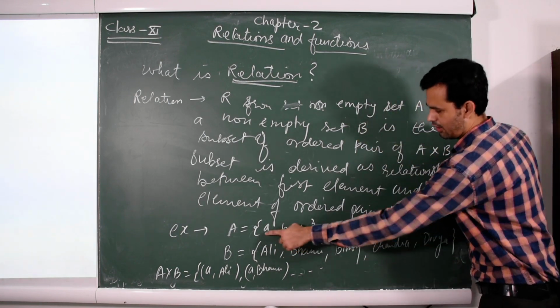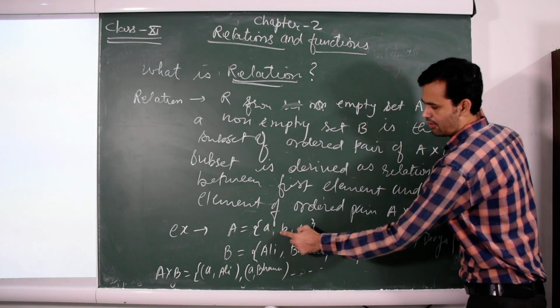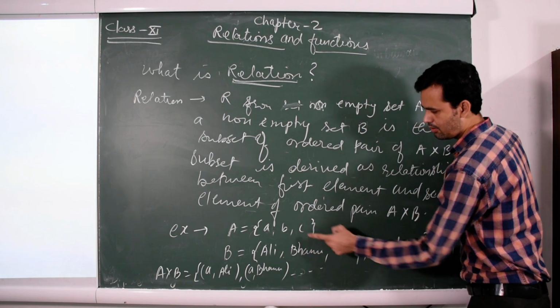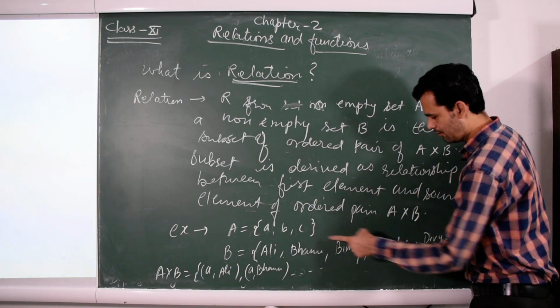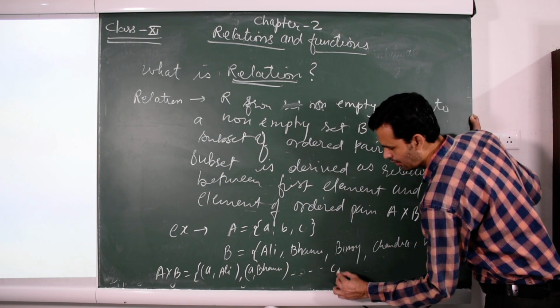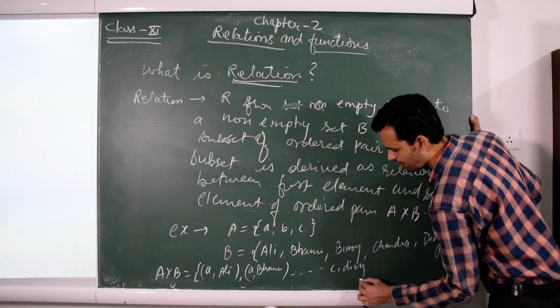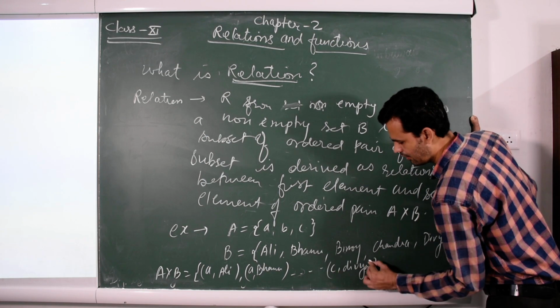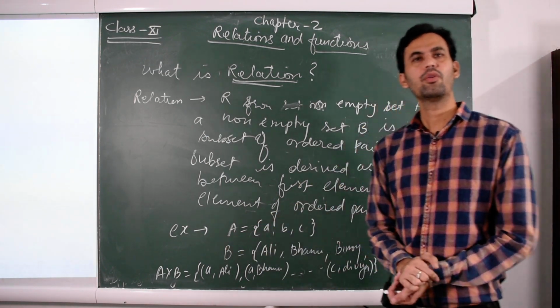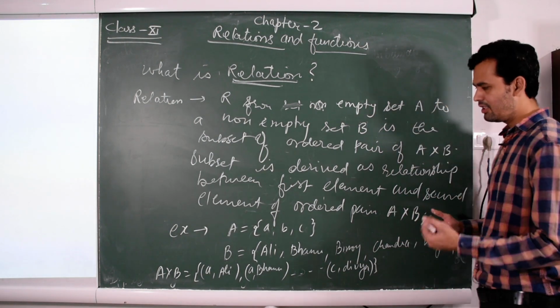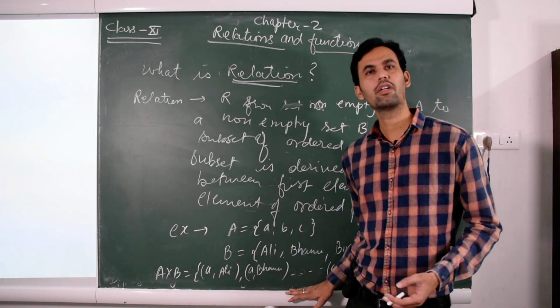Similarly A Binoy, A Chandra, A Divya, then B Ali, B Bhanu, B Binoy, and so on. And similarly C Ali, C Bhanu, C Binoy, C Chandra, and the last is C Divya. So these are the ordered pairs of A into B, and the relation is in between these ordered pairs.